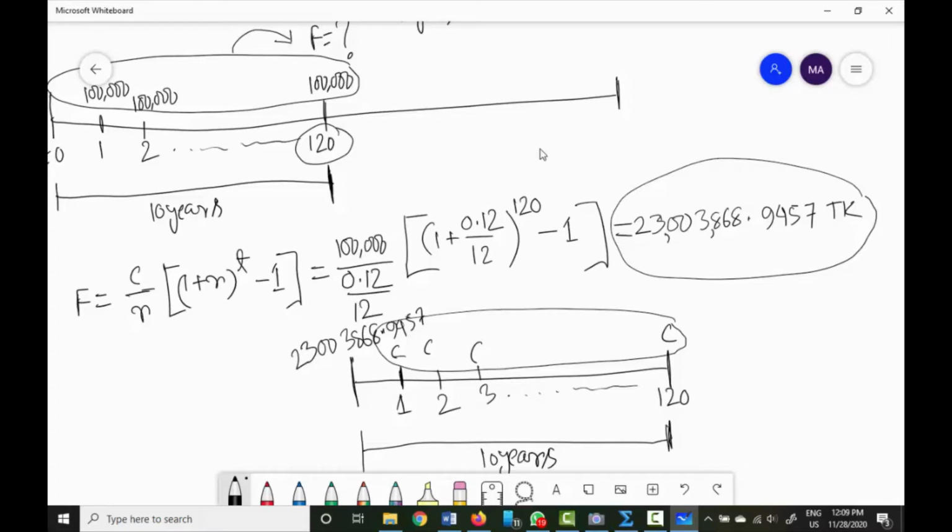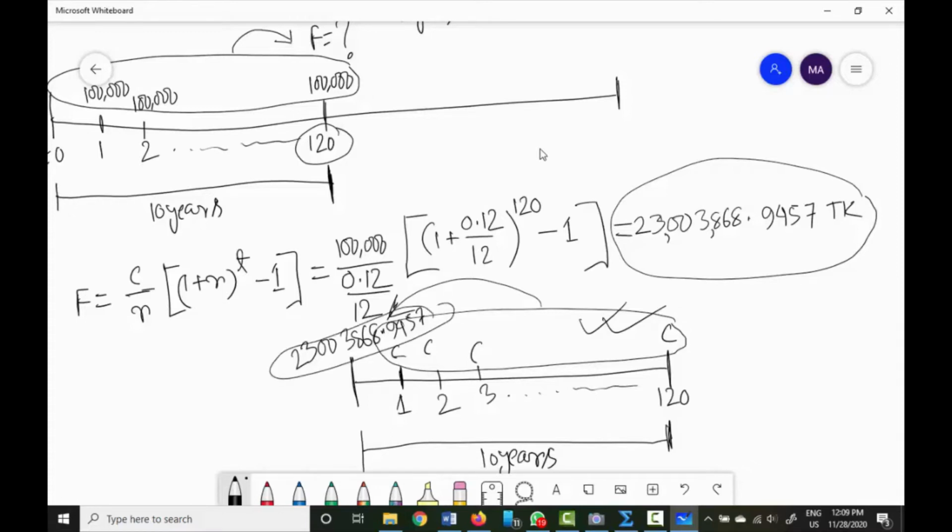Bank will give you C amount of cash flow at the end of every month up to 10 years, right? So for this annuity, this amount is the present value, right?